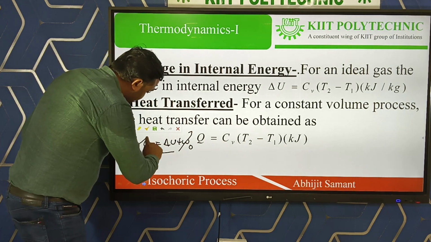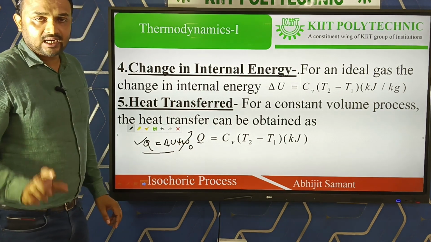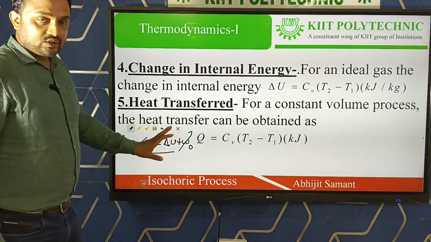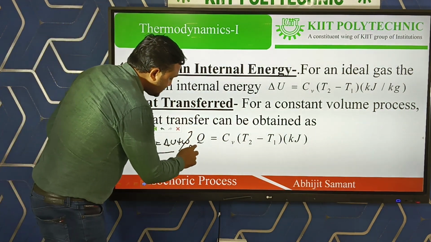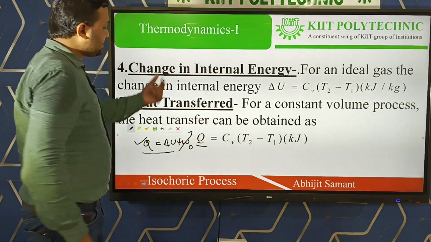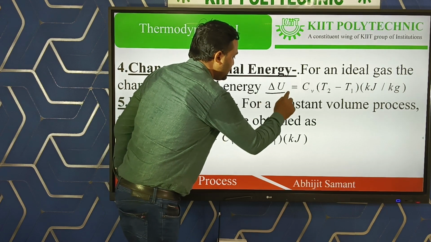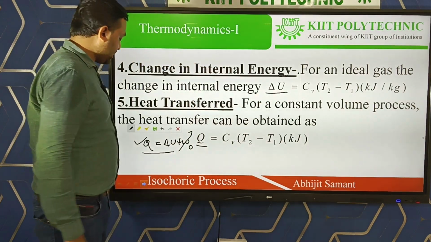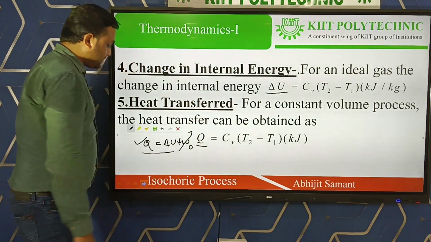So the amount of heat transfer is equal to the change in internal energy in an isochoric process. So what is the equation? Q equals CV (T2 minus T1), as shown here: delta U equals CV (T2 minus T1).